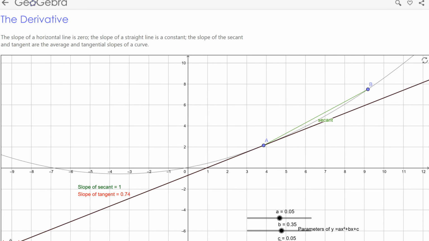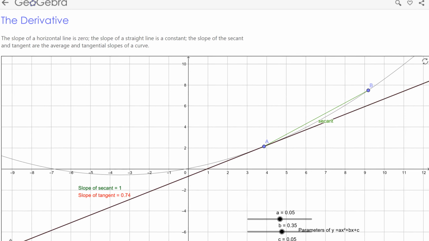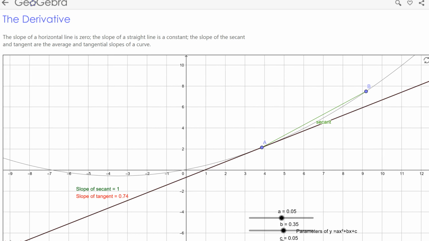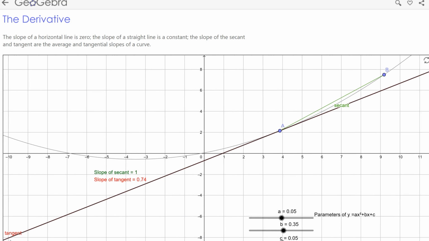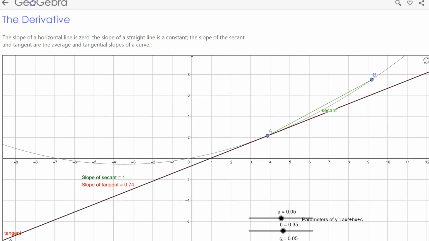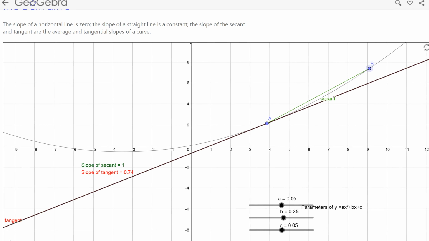But if I bring point B down so that A and B get closer and closer together, the slope of the secant and the slope of the tangent become closer and closer. And when they're on top of each other, then they're exactly the same. Now that will be an important point for later on.